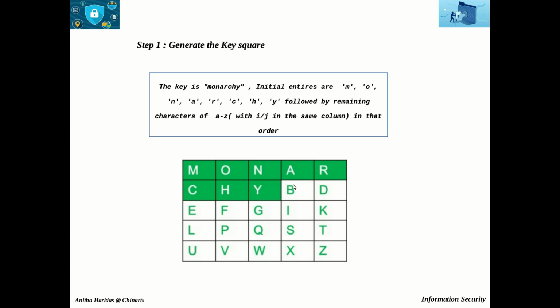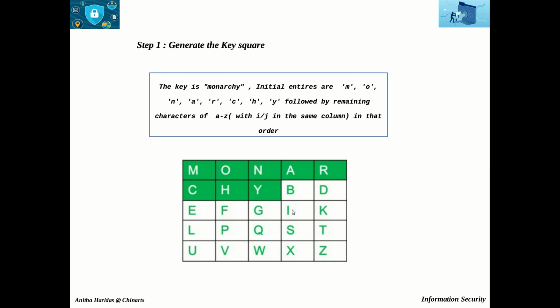Now in the same order, I have the characters A to Z. A is already there in MONARCHY, so I start with B. C is also there, so you remove C and have D. After D, we have E, F, G. H is there in MONARCHY, so H is not included.